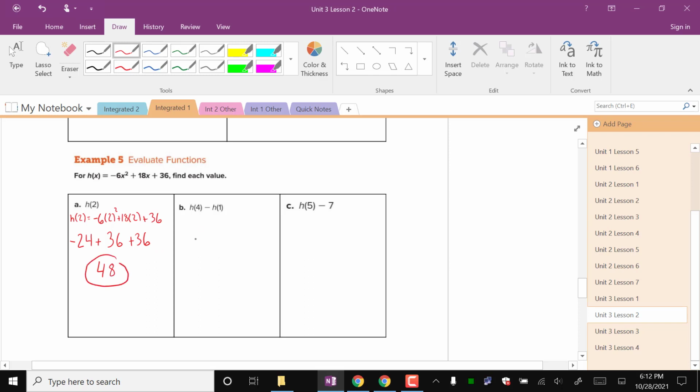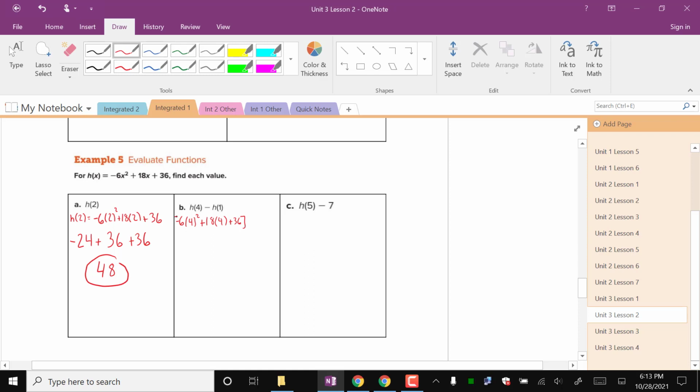This one I'm going to have to take 2 lines because there's a lot to plug in. So I'm going to plug in 4 for the first one, and I'm going to subtract from it the function at 1. So this is going to give me negative 6 times 4 squared plus 18 times 4 plus 36.